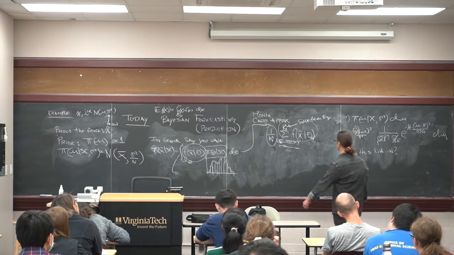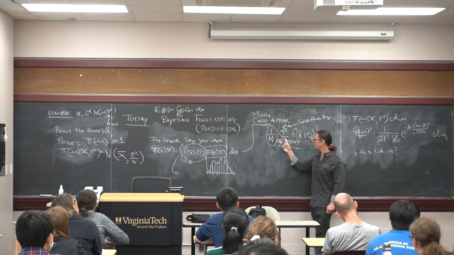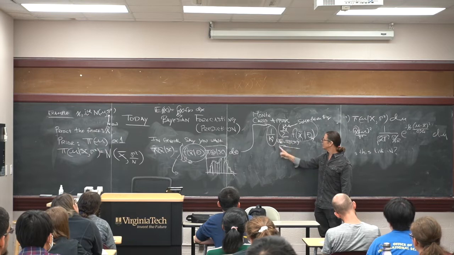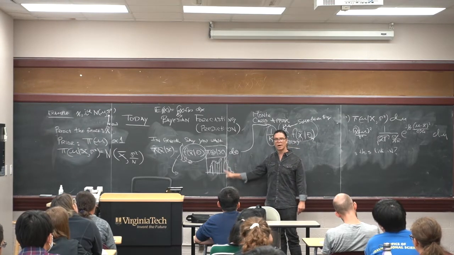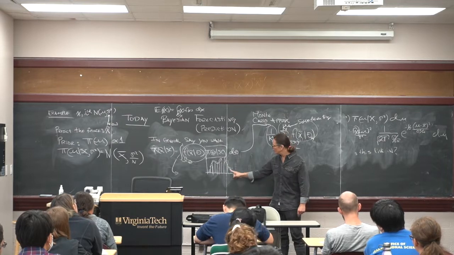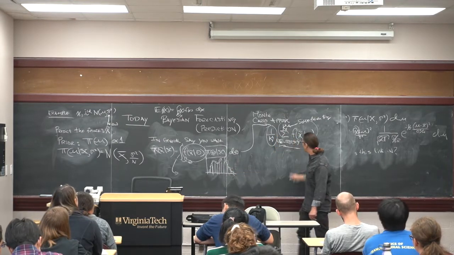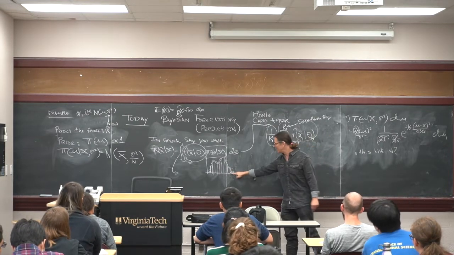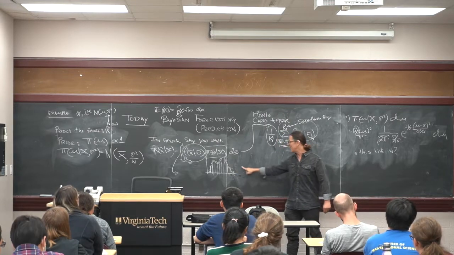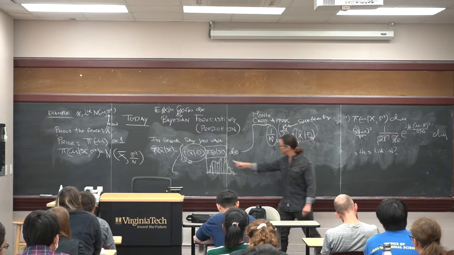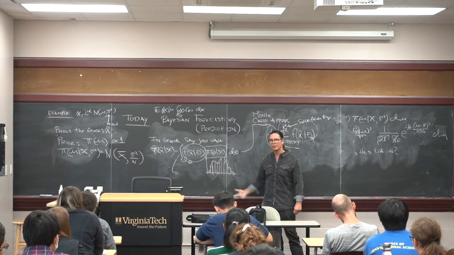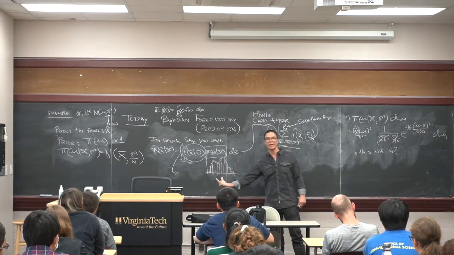So I'm uniformly sampling these things, but keep in mind, the frequency of these samples will be greater in these higher regions than over here. So how often am I going to get samples over in the tail? Well, it's going to be proportional to the area in that tail. How often am I going to get samples in this big mode right here? It's going to be proportional to that area.